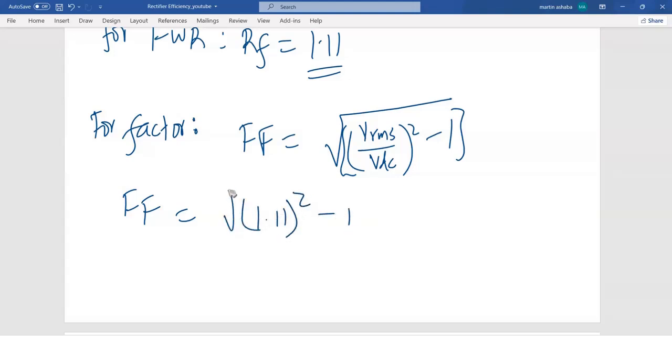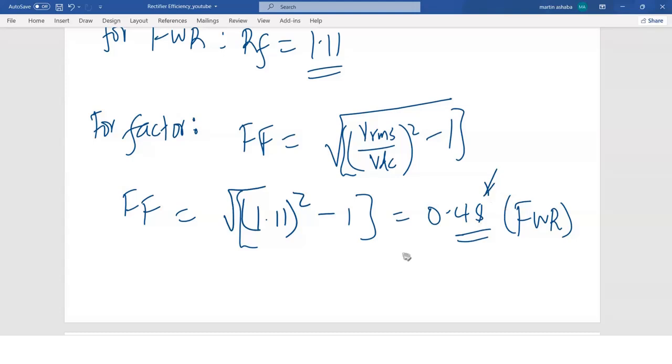We take away 1, then we get the square root of that. So 1.11 squared minus 1, we take the square root of the answer. We find that this is approximately 0.48. So for all full wave rectifiers, we find that the form factor is about that.